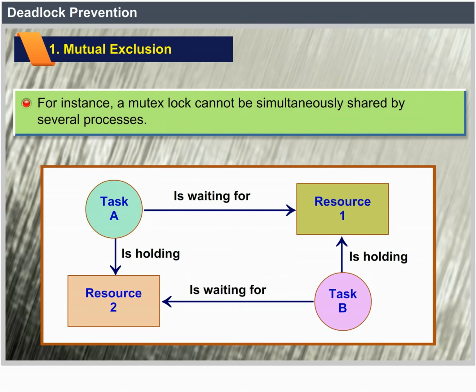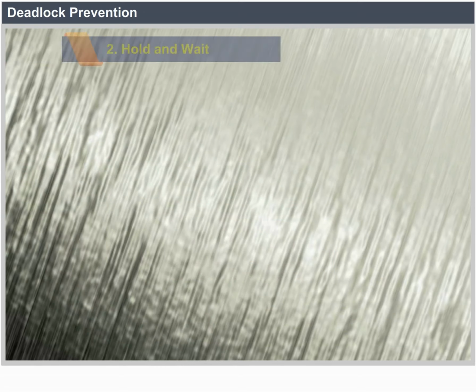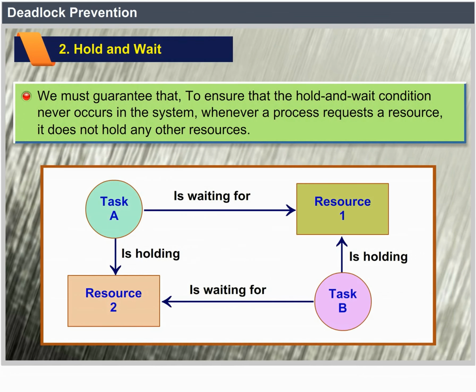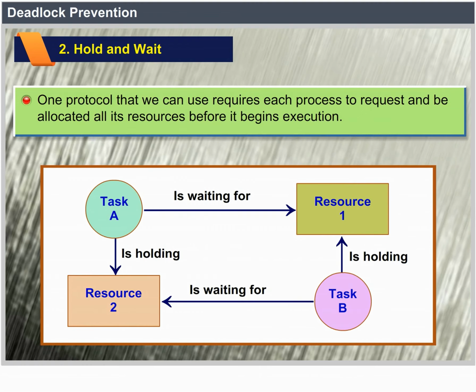Hold and wait. To ensure that the hold and wait condition never occurs in the system, we must guarantee that whenever a process requests a resource, it does not hold any other resources. One protocol that we can use requires each process to request and be allocated all its resources before it begins execution.